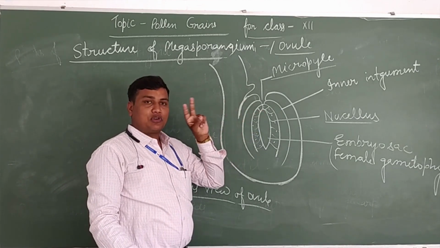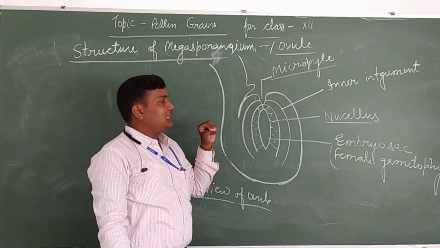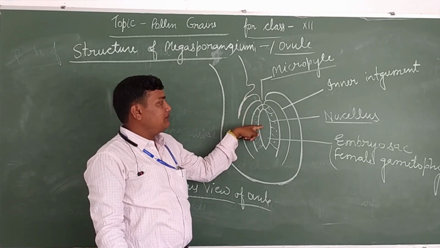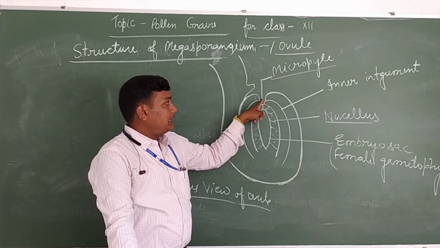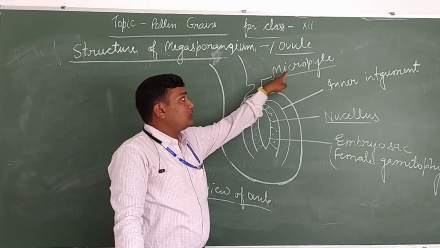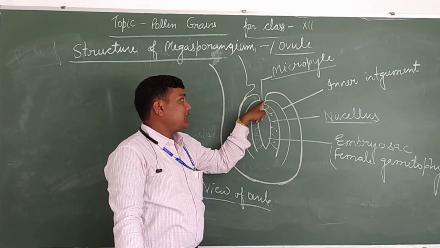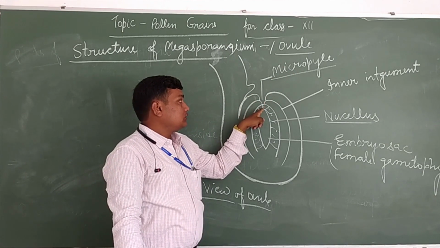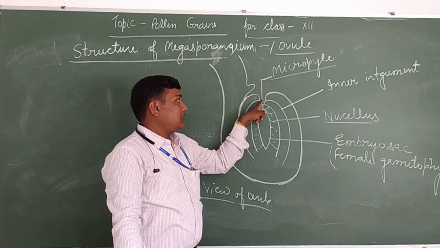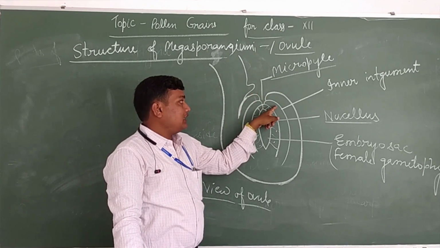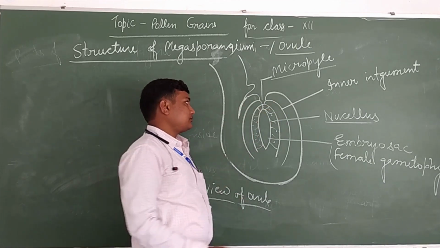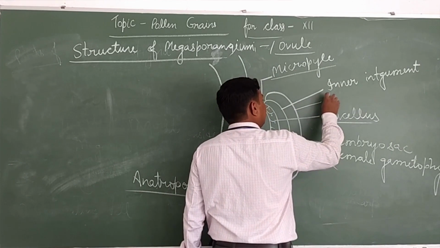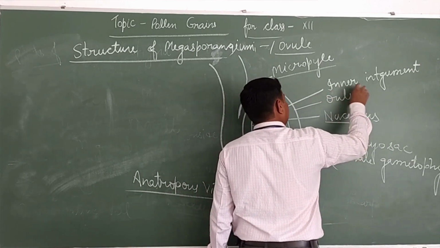Generative cells produce two male gametes, and both male gametes enter inside the embryo sac through the pollen tube by the micropyle end. On the embryo sac where integuments do not cover, this is the outer integument.